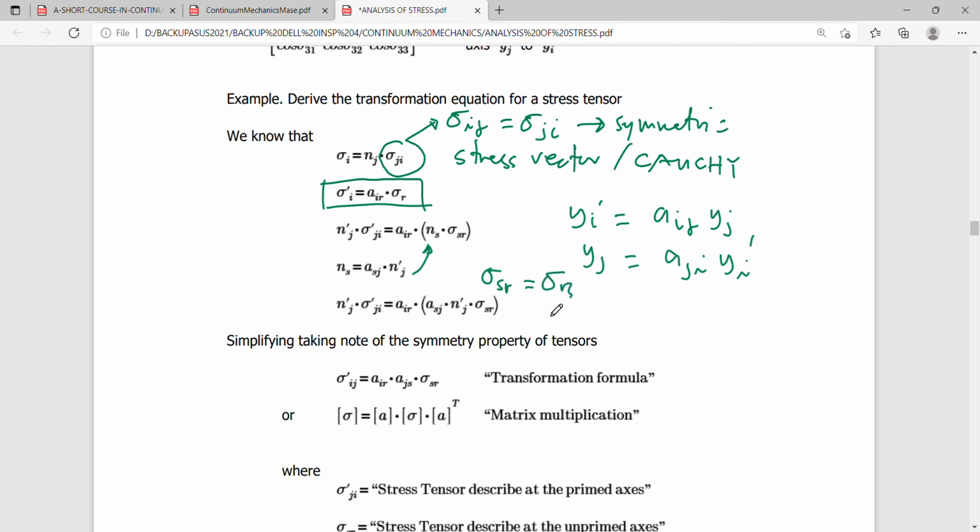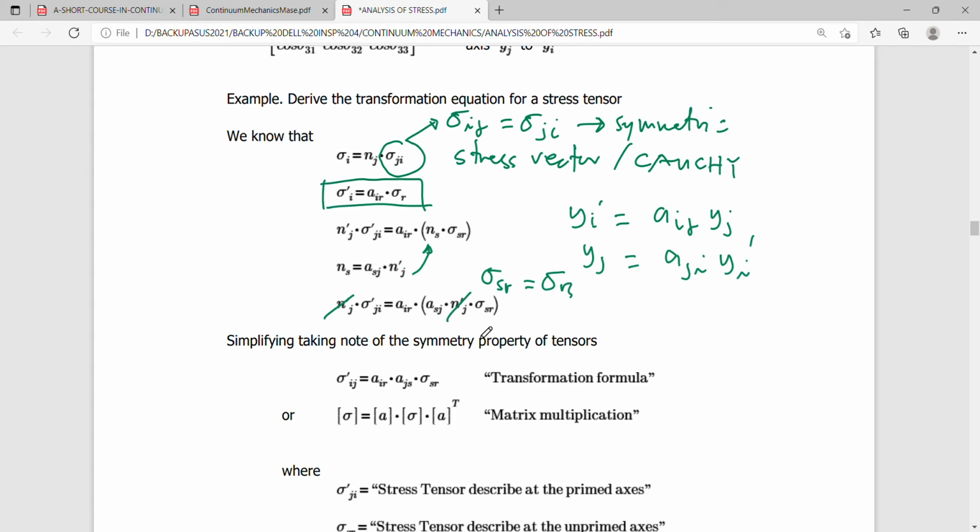Strictly speaking, it doesn't matter because this is symmetric, and therefore I can simply cancel n prime j here, noting that what will remain is Air, Asj, sigma sr.